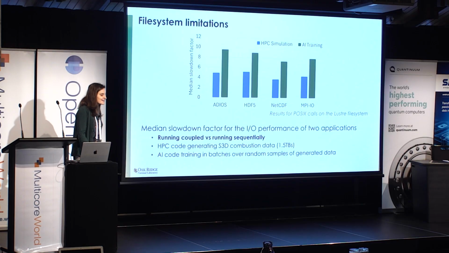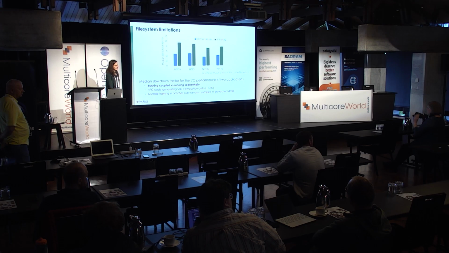Then when they run at the same time, the traditional HPC simulation is generating data right on the file system in POSIX files, while the AI is trying to read multi-threaded and randomly from this file that is currently being written to. And that's the slowdown. The slowdown on HPC is lower because we have caching on the write side, and it's usually just one stream going out. So it's just what you have there in boldface, summarized there.